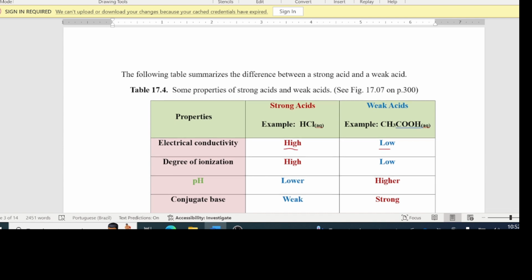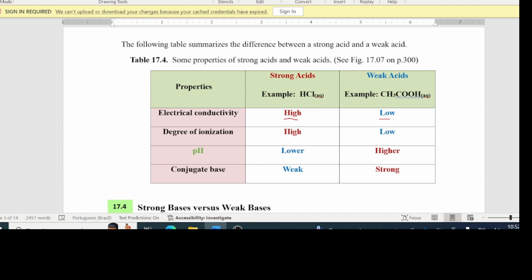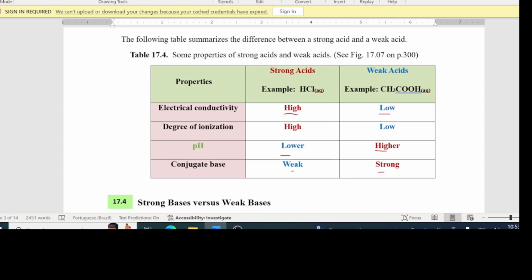Degree of ionization, same argument, I said that already. High degree of ionization, low degree of ionization. The pH of this is going to be low because it's the negative log of the hydrogen ion concentration. This is going to be higher. Conjugate base, weak. Conjugate base, strong. This table here summarizes most of what we've spoken about already.